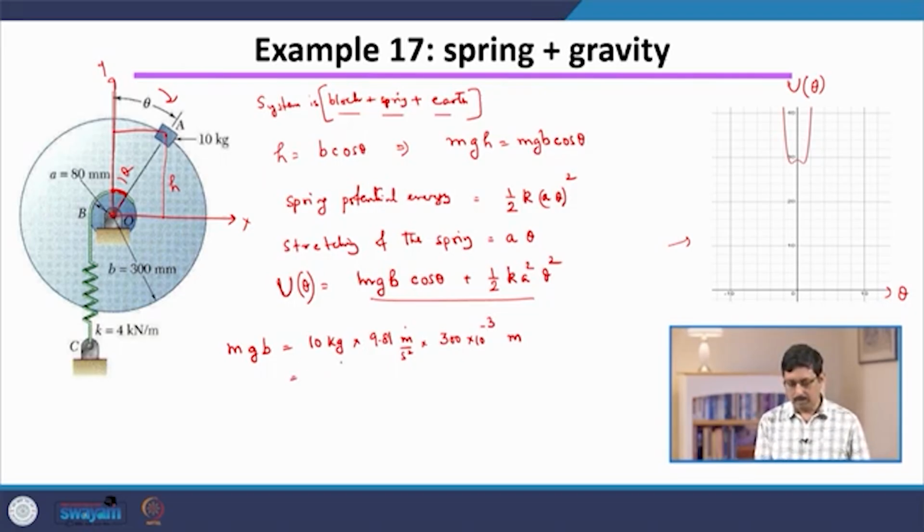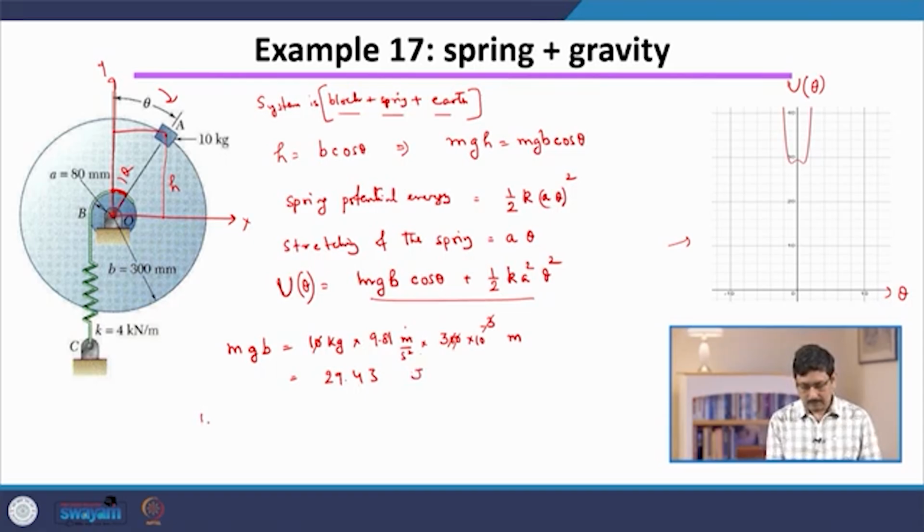If you look at the numbers, this will cancel with this power. So, we get 9.81 into 3, which is about 29.43, and this is kg meter square per second square, which is joule.